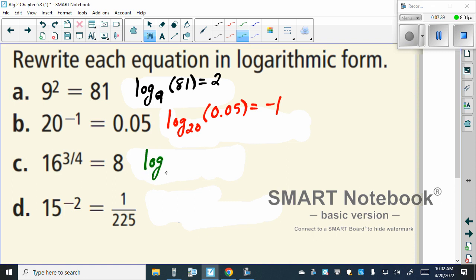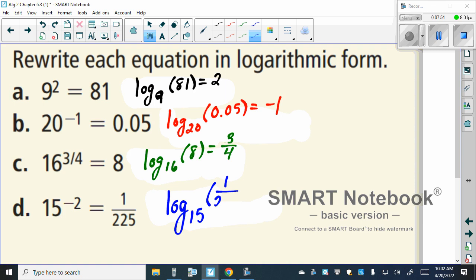Log base 16 of 8 equals 3/4. And lastly, log base 15 of 1 over 225. Questions on these here?